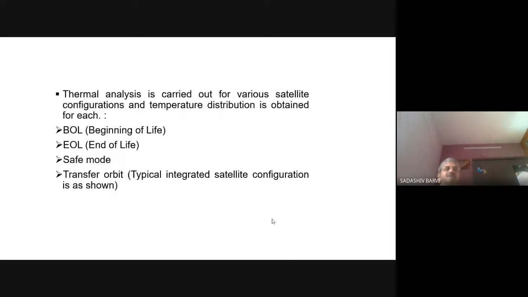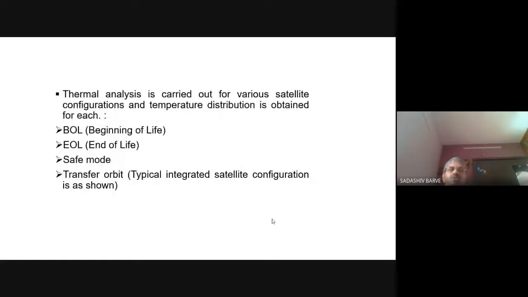For example, this heat shield separation takes place around 115 or 120 kilometers. A little bit of air is there at that altitude, so convection also helps a little bit, but mainly cooling is by virtue of deep space cold. And if it is exposed to the sun, the temperature suddenly starts rising because the satellite surface is getting exposed to deep space with the sun load. So this trajectory, from liftoff up to the injection, is called the launch pad or initial phase temperature distribution.